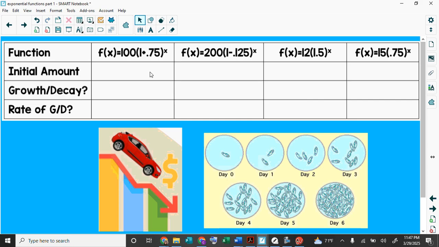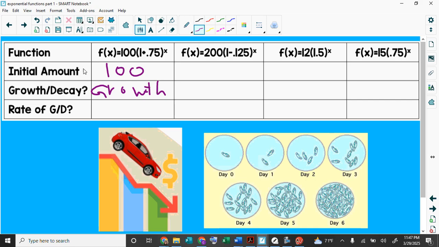If it is less than 1, it's going to be a decay. And so right now, my initial amount here is what's on the front side. And so what's on the front is 100. That means at 0, I'm going to have 100. My y-intercept is going to be 100. But then this right here, since it's 1 plus 0.75, that means this is going to be a growth.